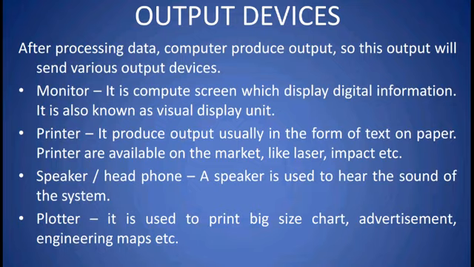Generally it will print big size charts, advertisements, engineering maps, architectural designs. So plotter we can use to print big size charts, engineering maps, etc. Okay, so these are the output devices: monitor, printer, speaker, headphone, plotter.